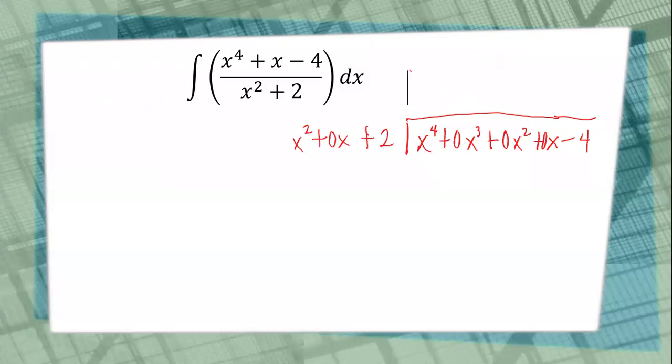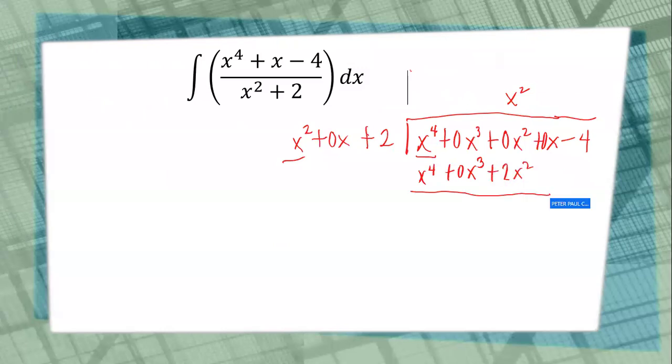Again, let's do the division process. X to the fourth divided by x squared is an x squared. Then x squared times x squared is x to the fourth. X squared times 0x is 0x cubed. X squared times 2 is a 2x squared.